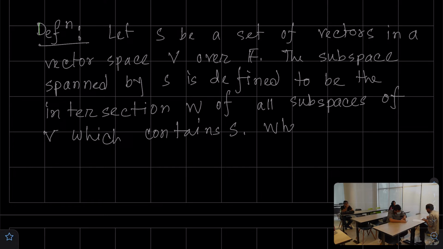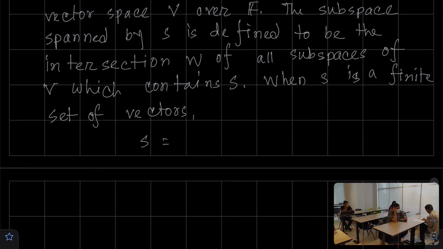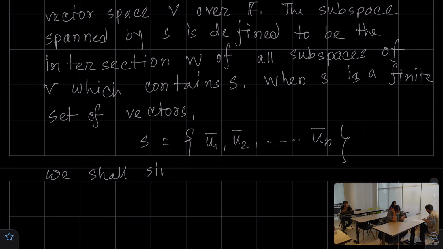Fine. If S is a finite set of vectors u1, u2, up to un, we shall simply call W the subspace spanned by the vectors.